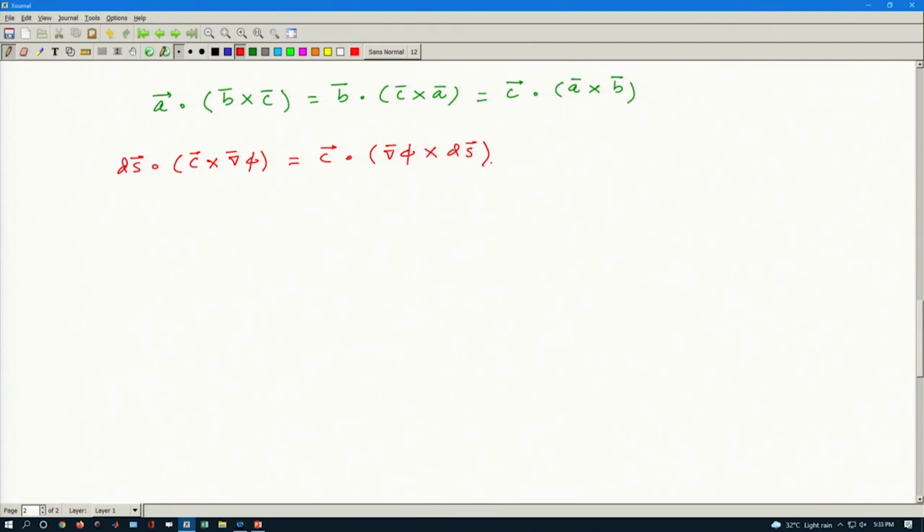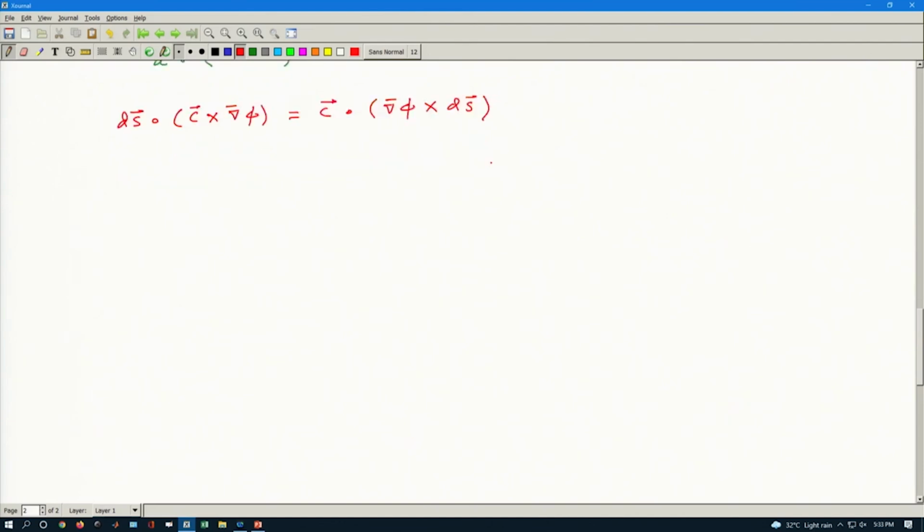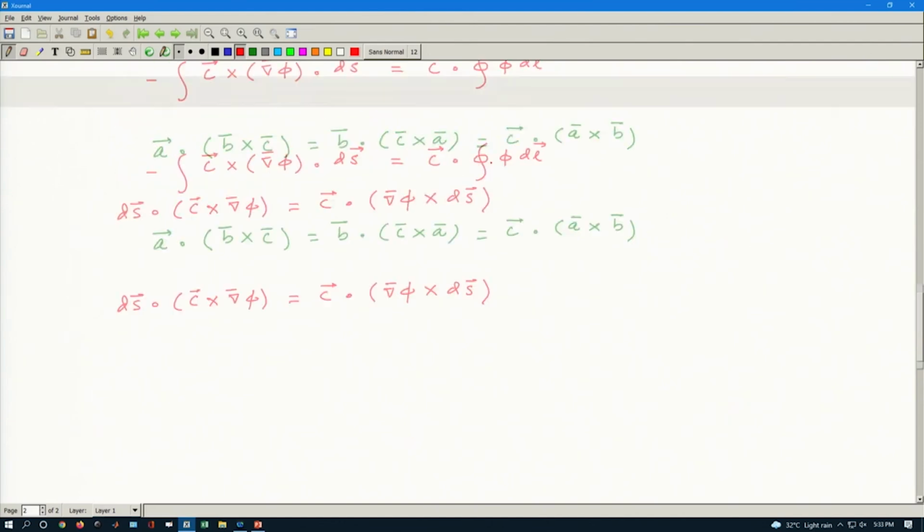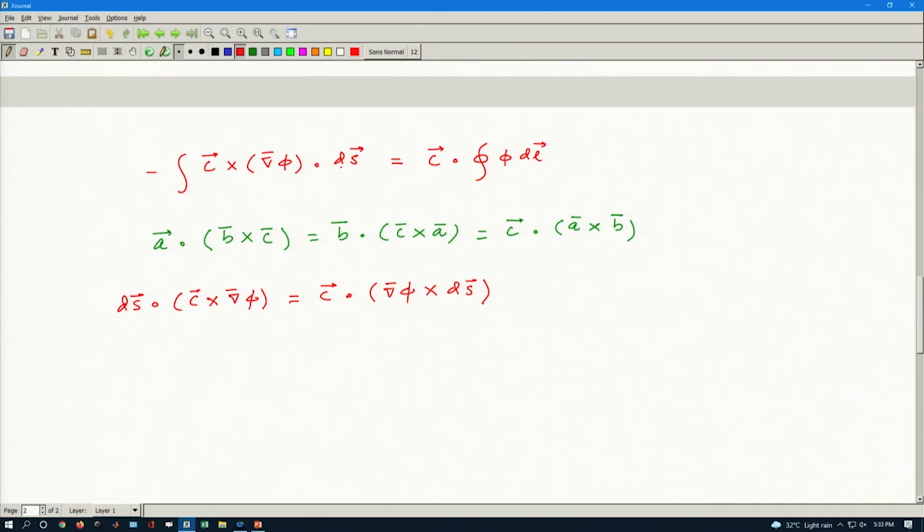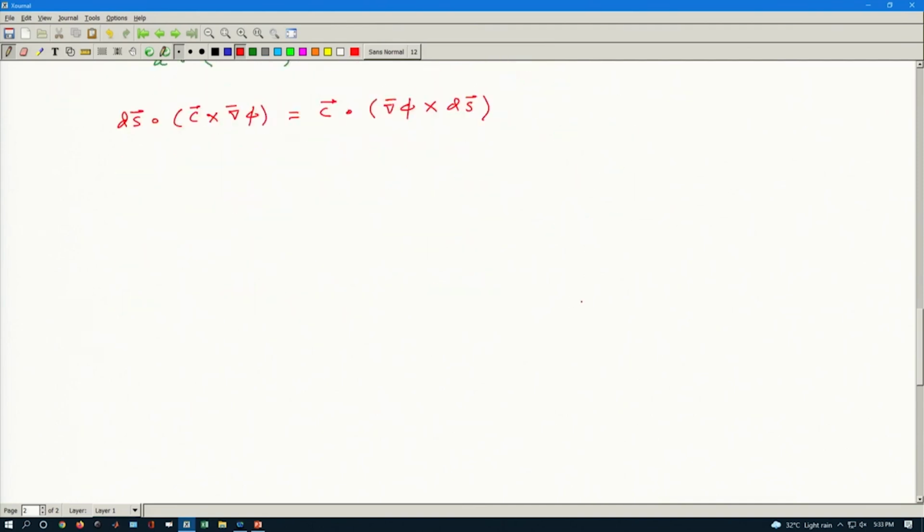Just playing with the vector identity, and then I am going to put it here because in one term we have ds dot this C cross gradient phi. So, this term I am going to replace with this C dot.